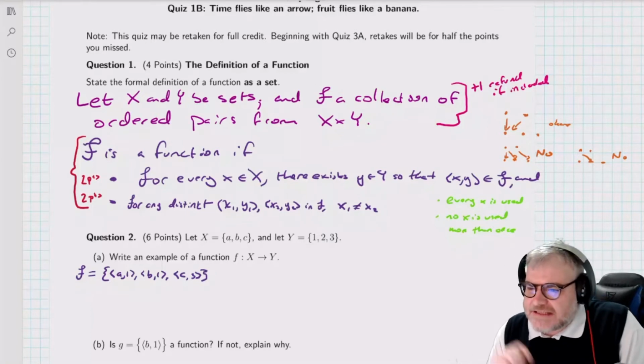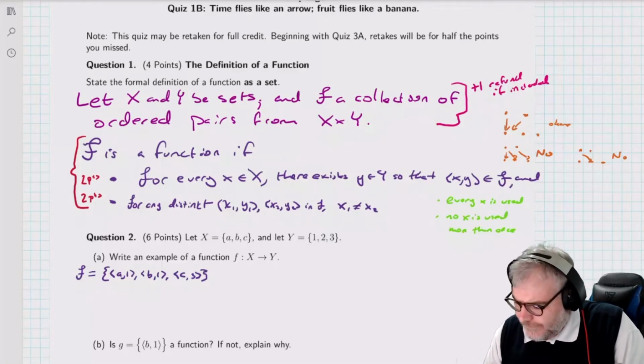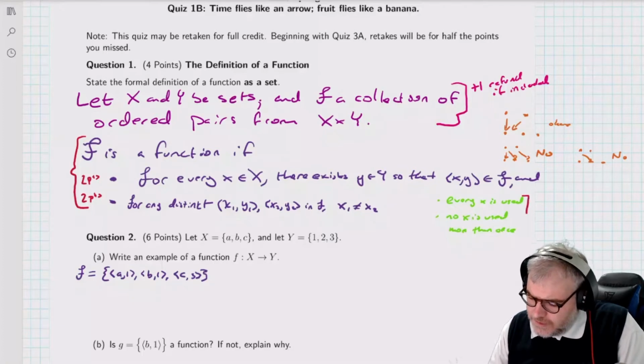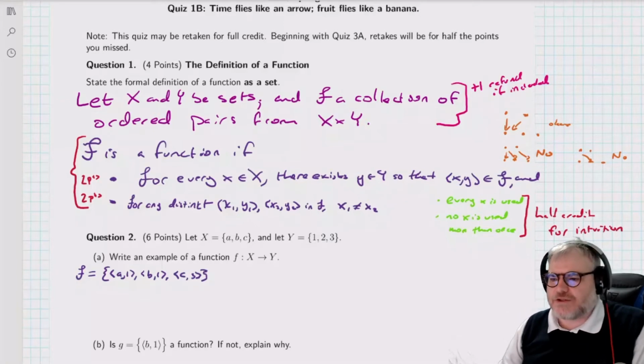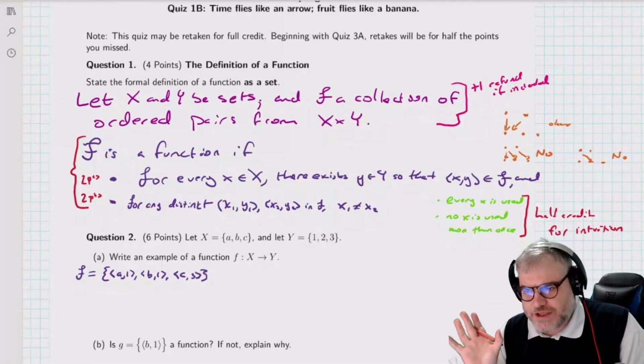Now, let's say you forgot it. Half credit for intuition. Every x is used and no x is used more than once. That's the intuition.